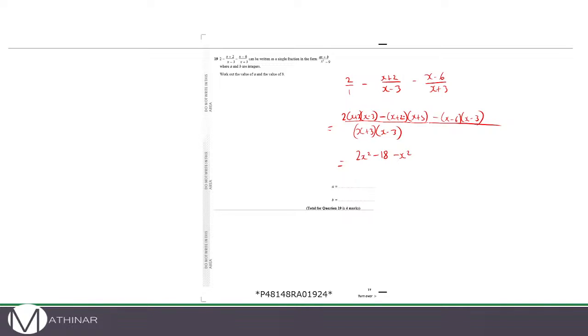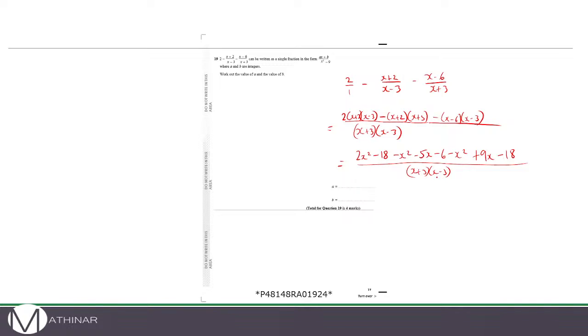We have a 2x and a 3x, that's 5x, but then there's a minus here, so that's minus 5x. 2 times 3 is 6, but a minus 6 there. And then we have x times x is x squared, but another minus. Minus 6x minus 3x is minus 9x, but with this minus it makes it a plus 9x. Minus 6 times minus 3 is 18, with that minus is minus 18. And that's all over x plus 3 and x minus 3.